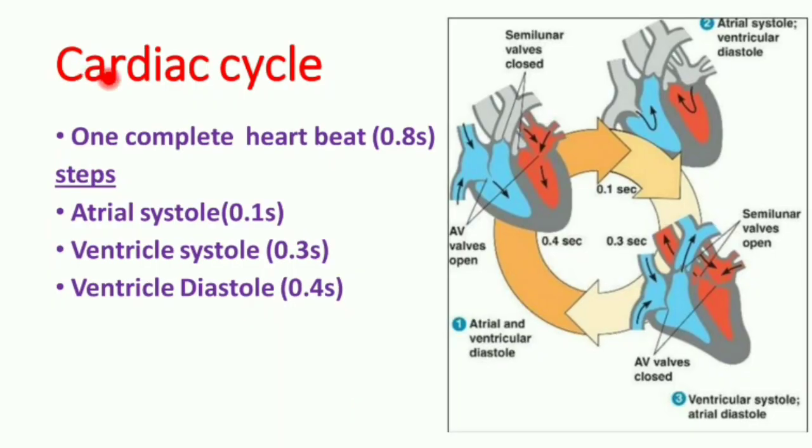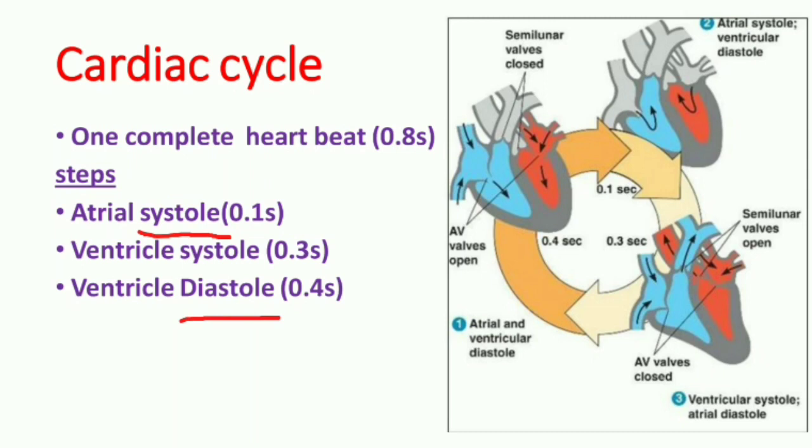Cardiac cycle. A sequence of events that makes one complete heartbeat is the cardiac cycle, which takes 0.8 seconds to complete. It includes the following steps: atrial systole, ventricular systole, and ventricular diastole. Systole means the contraction phase of the heart, and diastole means the relaxation phase of the heart.